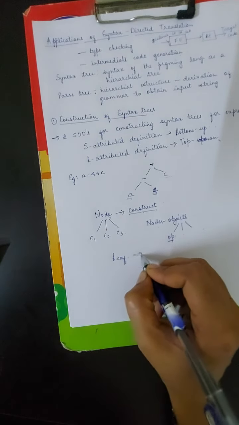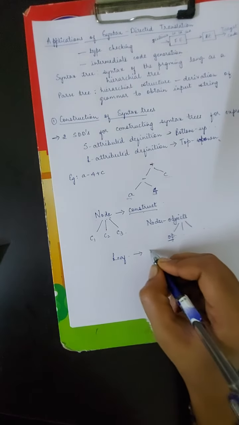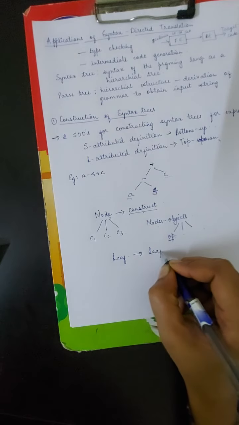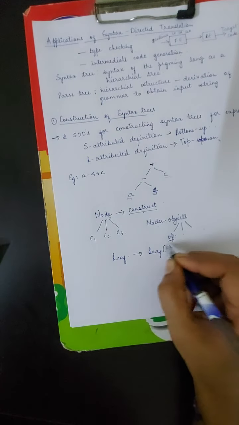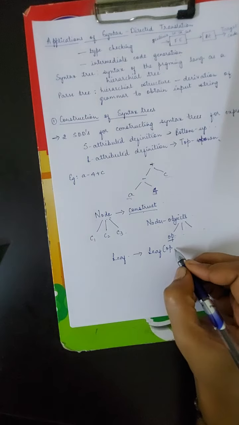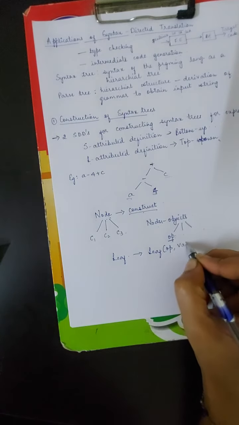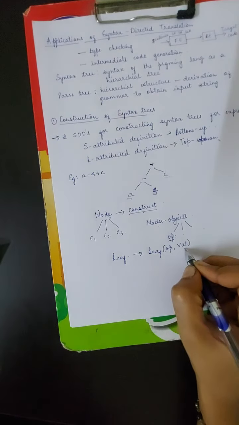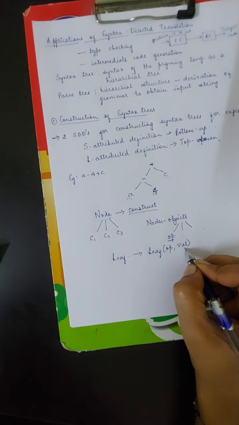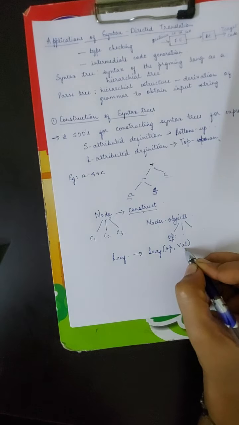If it is a leaf, then the construction function will be represented in this way. Leaf of OP, in the arguments we will pass OP, which is the first field, followed by another field called val. It is an additional field that holds the lexical value for the leaf.